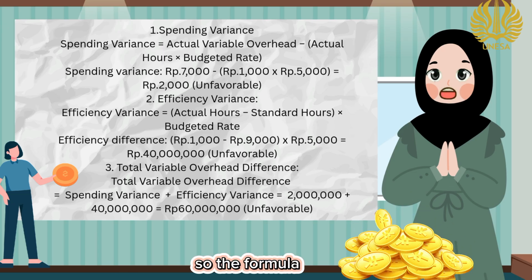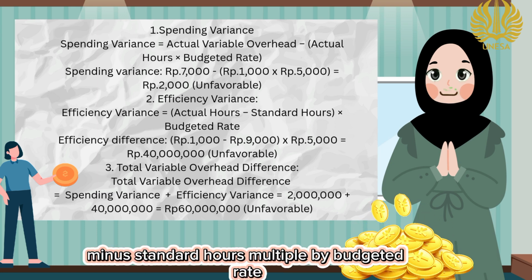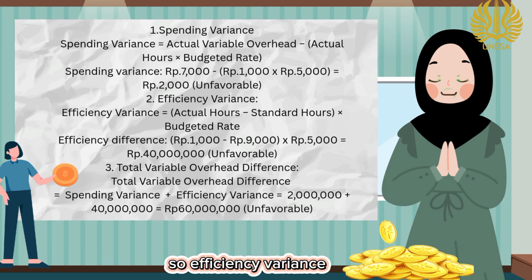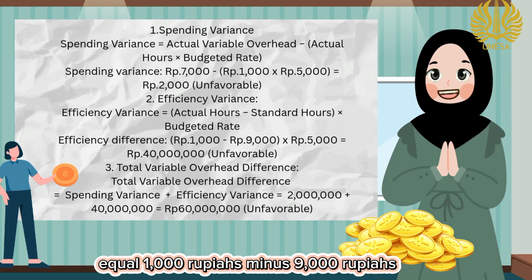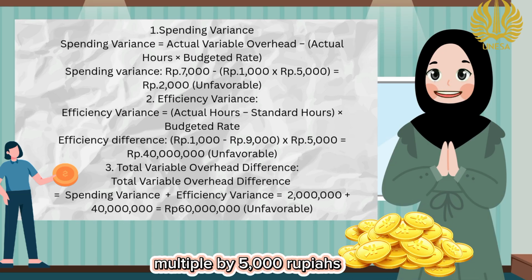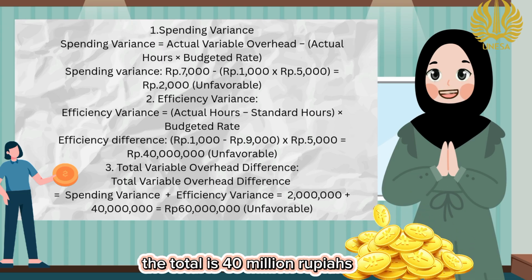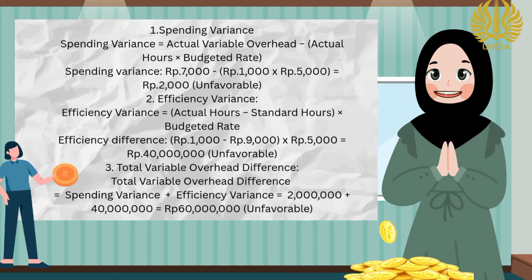The formula for efficiency variance is actual hours minus standard hours multiplied by budgeted rate. So efficiency variance equals 10,000 minus 9,000 multiplied by 5,000 rupiah. The total is 5 million rupiah, unfavorable.